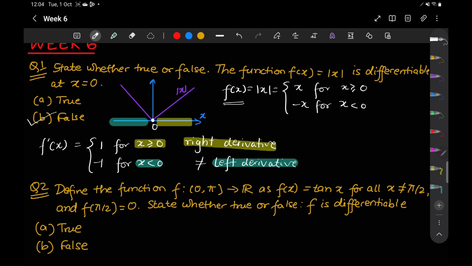So just at x equals 0 it is not differentiable, but at x equals 1, x equals 10, x equals minus 5, at all other places other than x equals 0 it is differentiable. And the value of the derivative is given over here. So if it is positive x values, the derivative is plus 1. For negative x values, the derivative is negative 1.